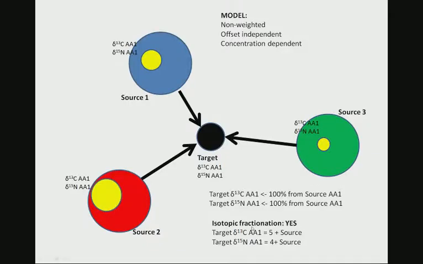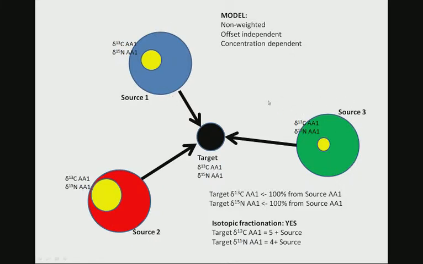Now, let's imagine that your question changed. You no longer are interested in knowing how much contribution was coming from the amino acid in each source, but you want to know the contributions from the sources themselves.